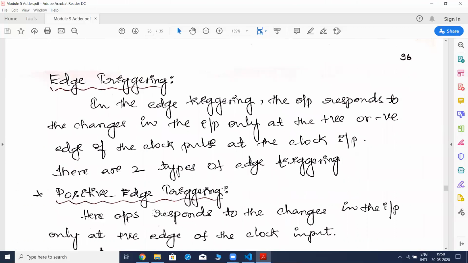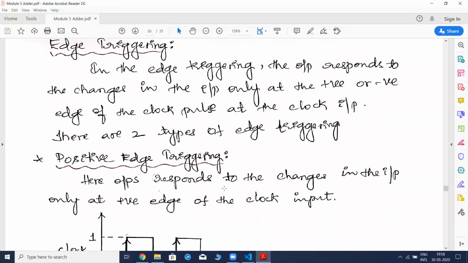Now let us move on to see edge triggering. In edge triggering, the output is going to respond to the changes in the input only during the positive or negative edge of the clock pulse. At the clock, we give an input, which is called the clock input. Whenever the clock goes from 0 to 1, that edge is called the positive edge.